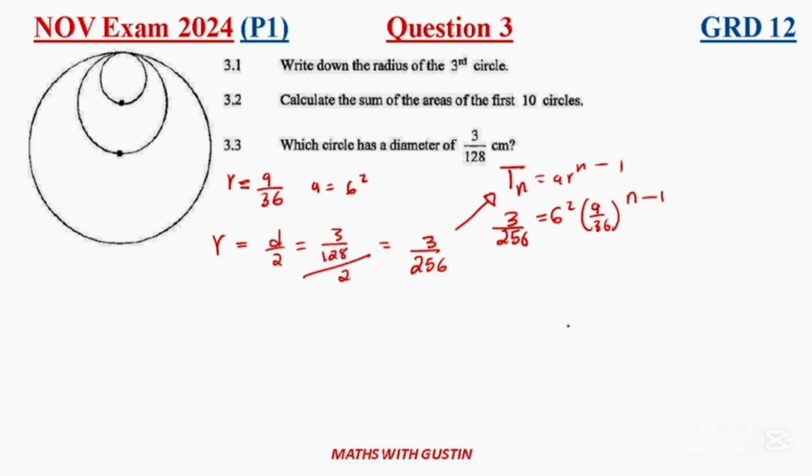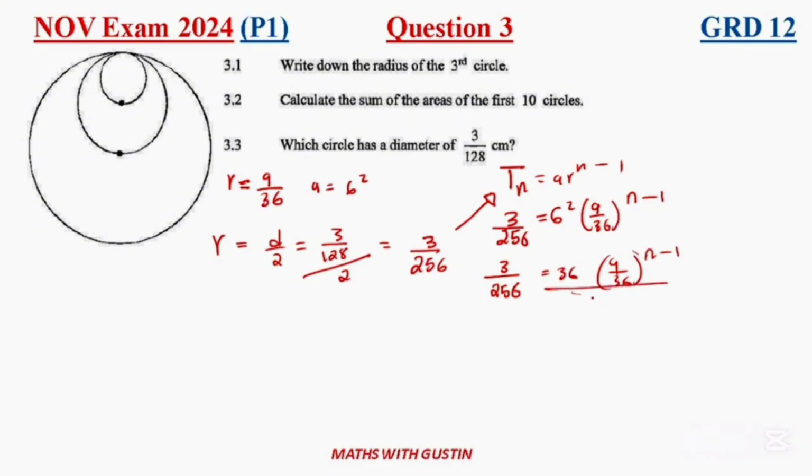Now if you simplify this, 3/256 is equal to 36 times (9/36)^(n-1).